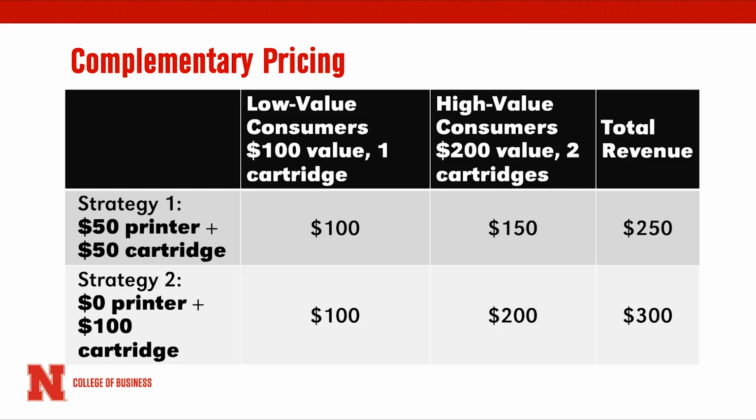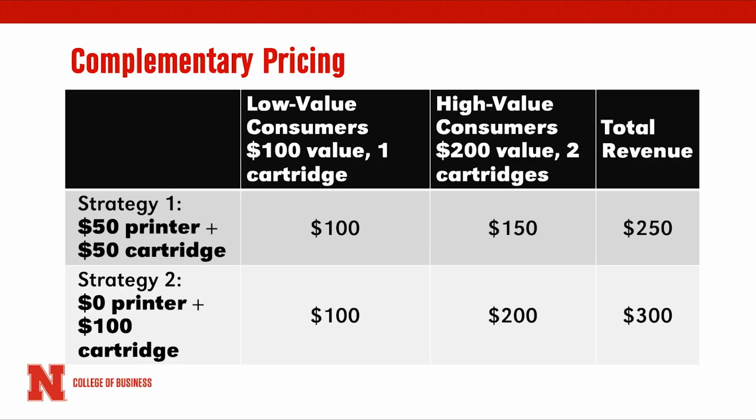The high-value customer places a value of $200 on being able to print what they need. And we're told here that the low-value customer needs to use the equivalent of one ink cartridge in order to print what they need. The high-value customer prints twice as much and therefore needs 2 cartridges.